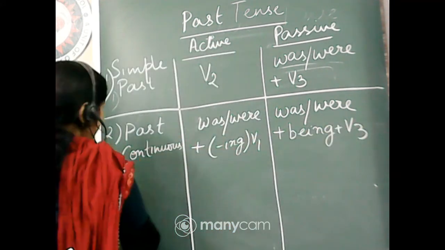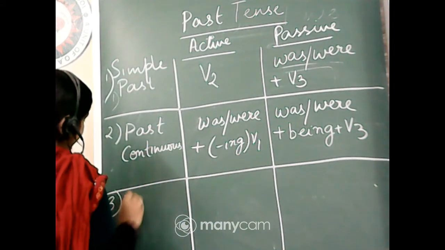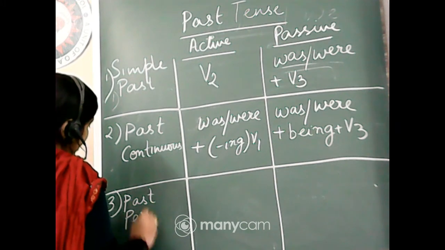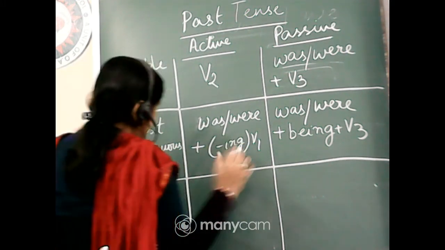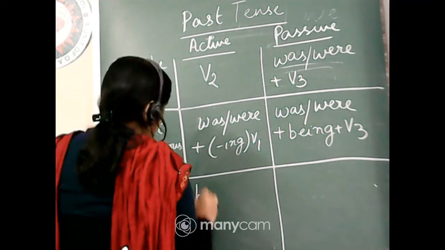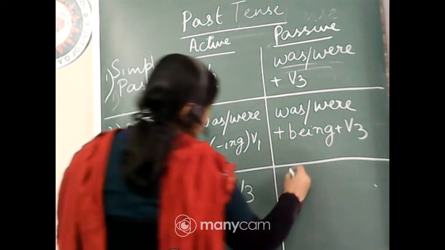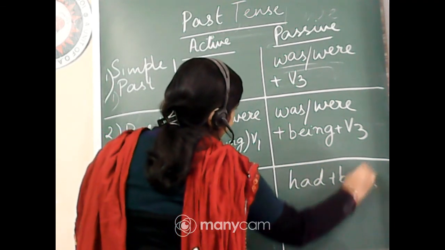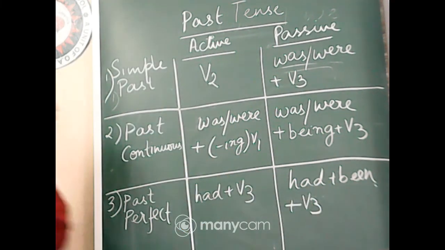Okay. In a similar manner, past perfect also, just like present perfect, past perfect will also have the similar change in the passive voice, wherein only been will be added. So it is had plus V3 and had plus been plus V3. Okay. This is it.